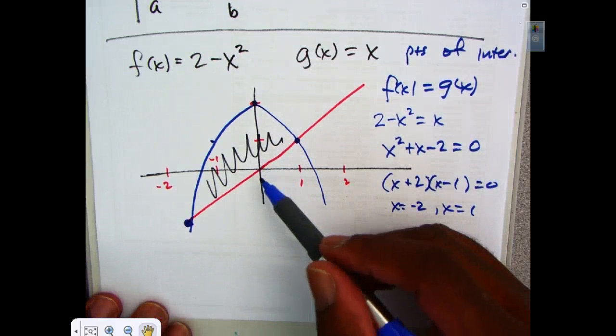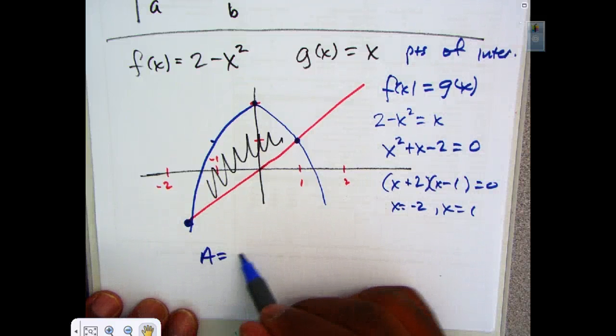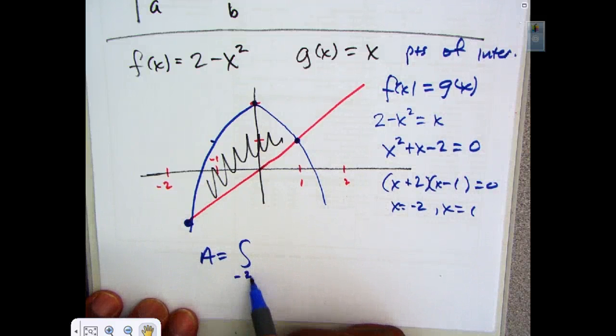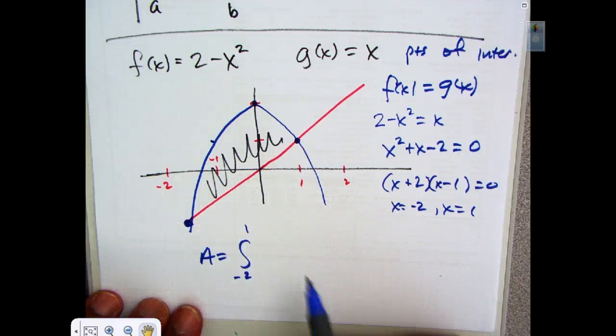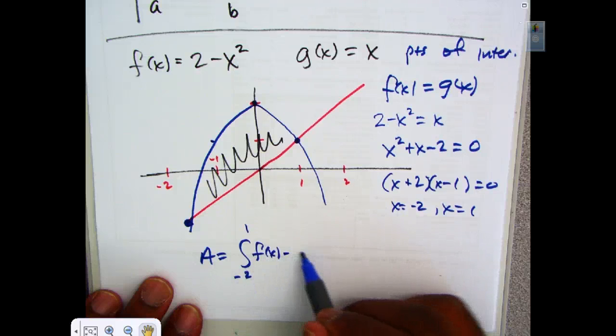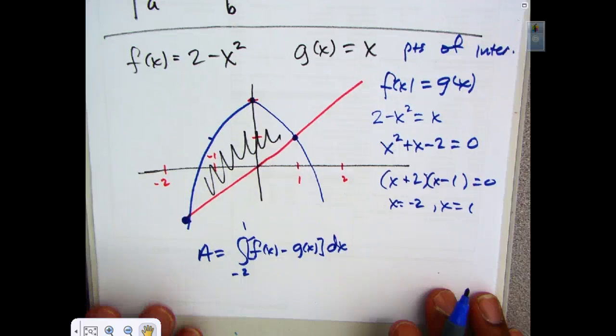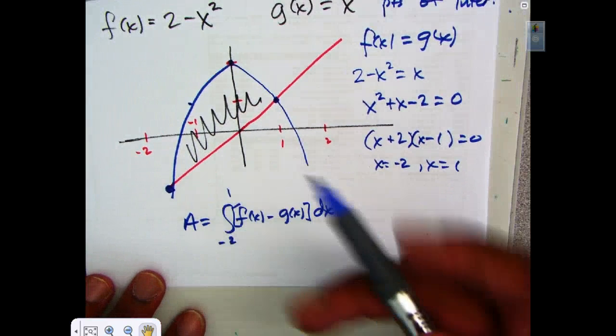So the area of this region is going to be the integral from negative 2 to 1 of f of x minus g of x dx. And that's only because f of x is our top function.